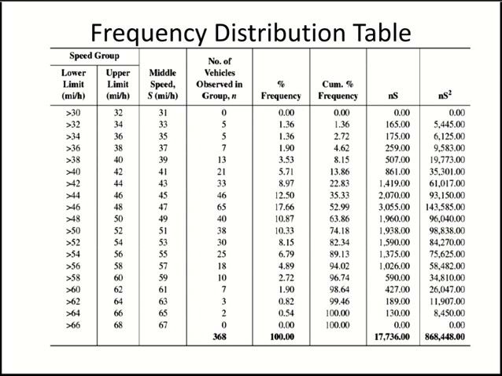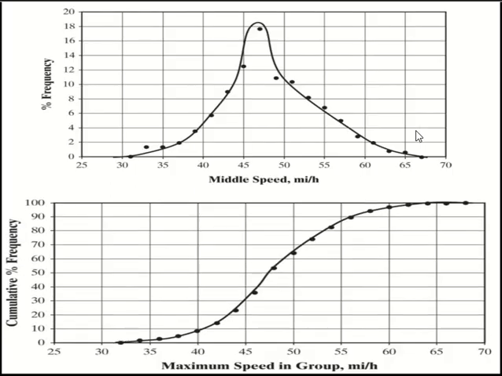From this data, we will plot two curves. The first curve is between middle speed and percentage frequency. We call it the frequency distribution curve.